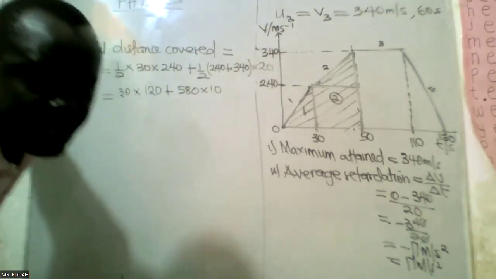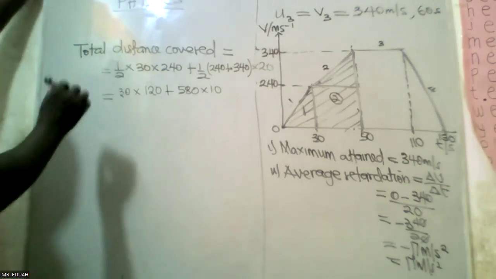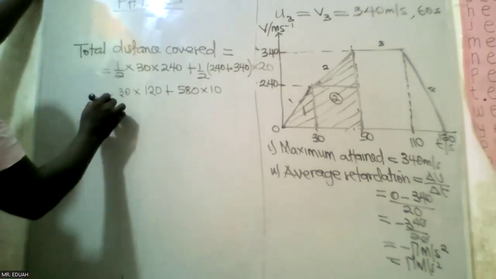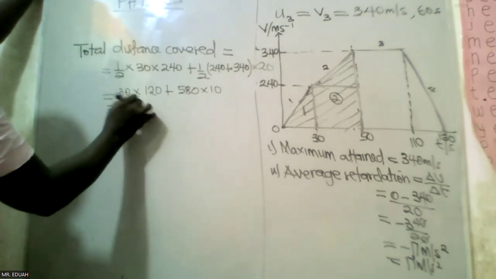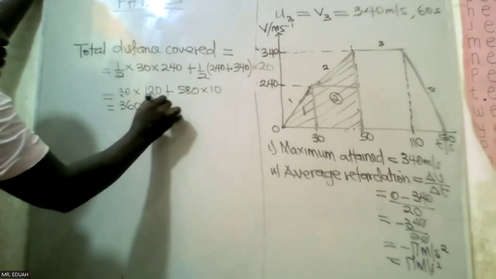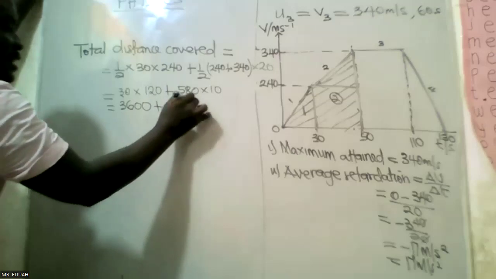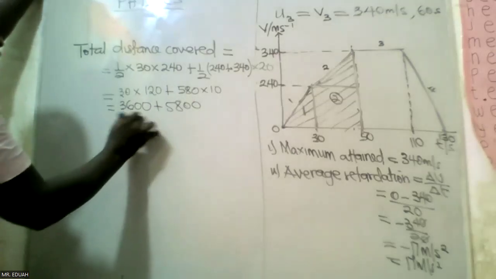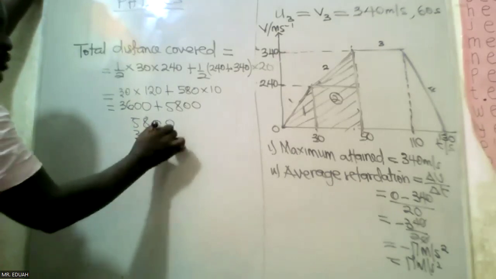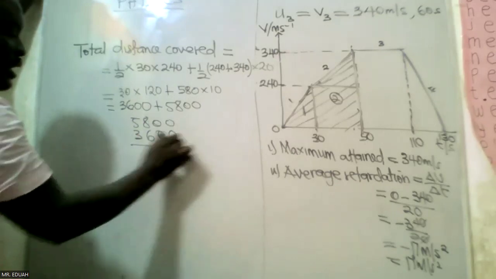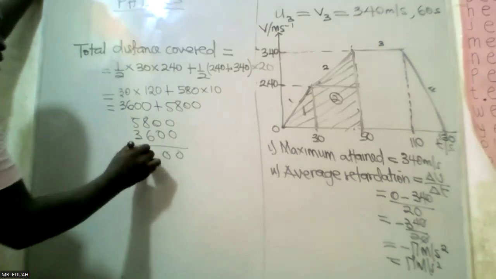Okay, Paulette, what have you had? Please, I got my final answer to be 9,400 meters. Okay, let's see. So I have 58003600.